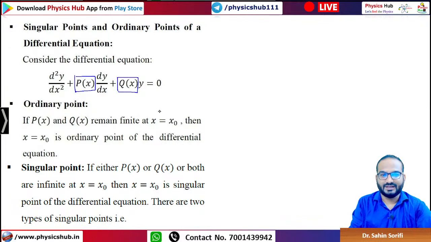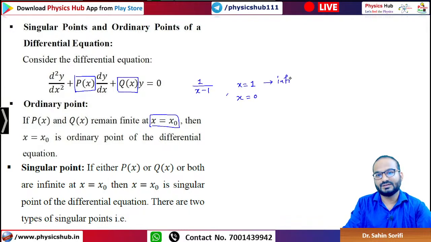If they remain finite at x equals x naught, say p of x is 1 by x minus 1, then if you choose x equals 1, it becomes infinite or undefined. But if you choose x equals 0, it remains finite. So x equals 0 will be an ordinary point of the differential equation.